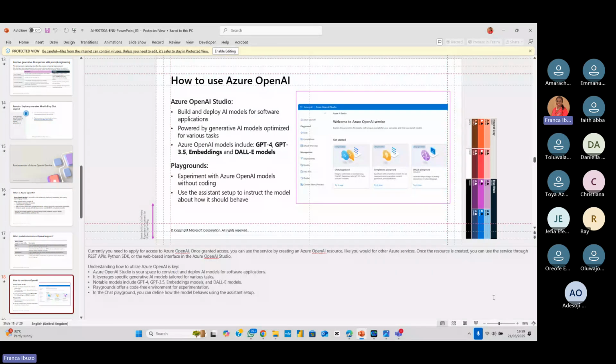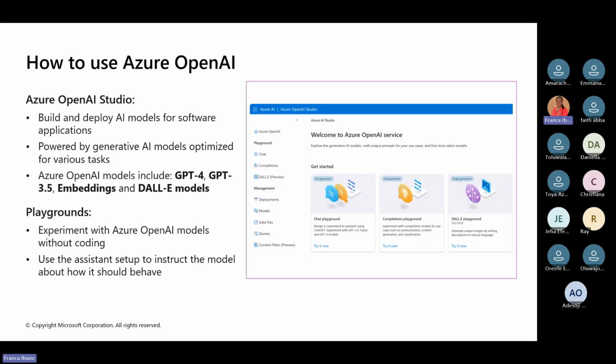Azure OpenAI Studio is where we build and deploy AI models for software applications powered by generative AI models. Remember, if you go to your Azure environment, you see the Azure AI Studio.